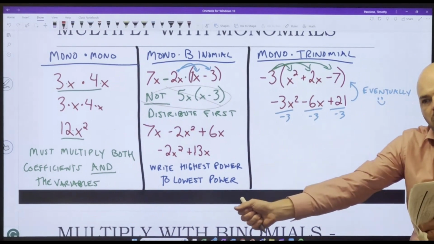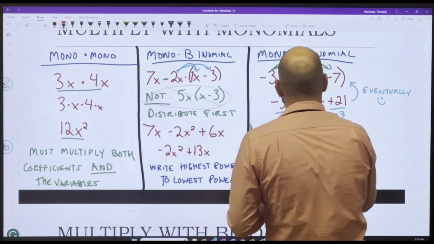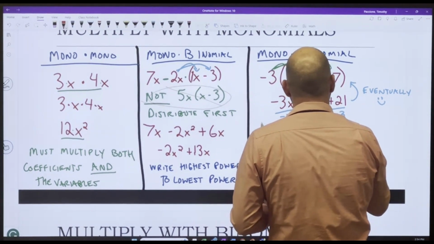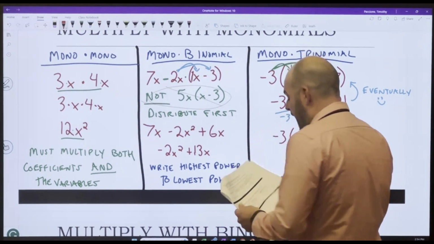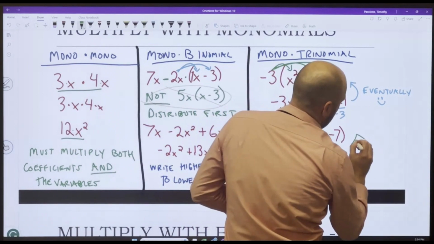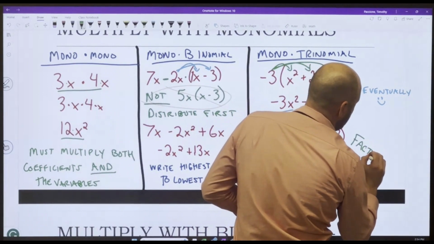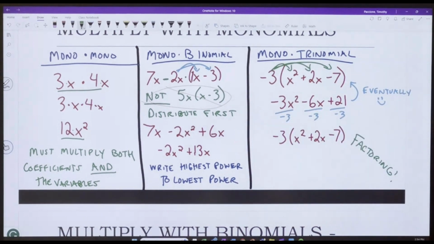I'll just pull it out front, and I get negative 3, divide each of them, and I get x squared plus 2x minus 7. And that, my friends, is one example of factoring. And we're going to do so much factoring.